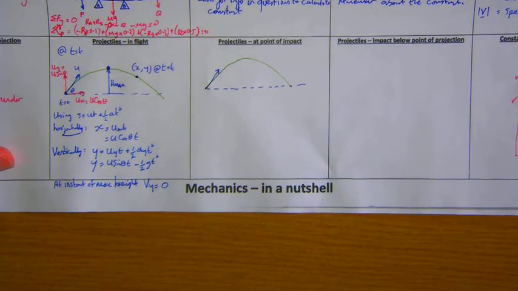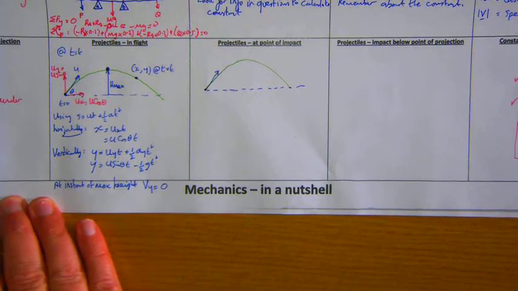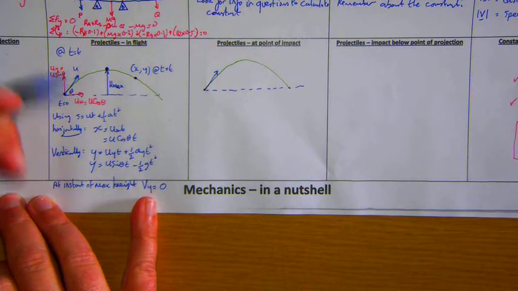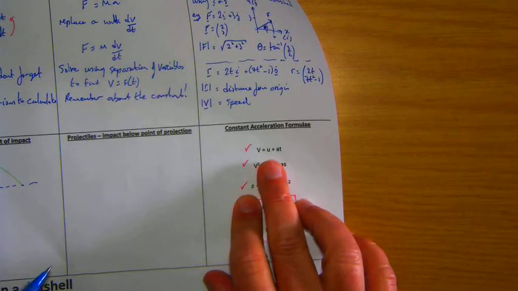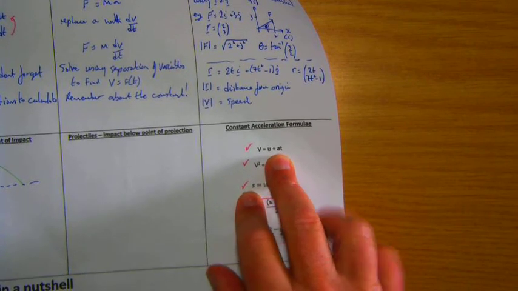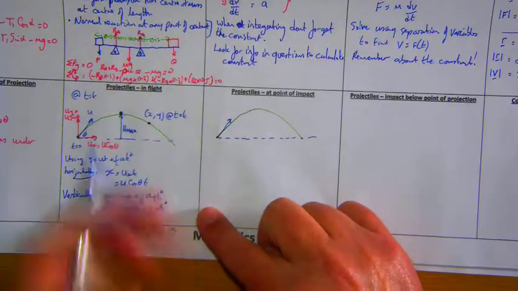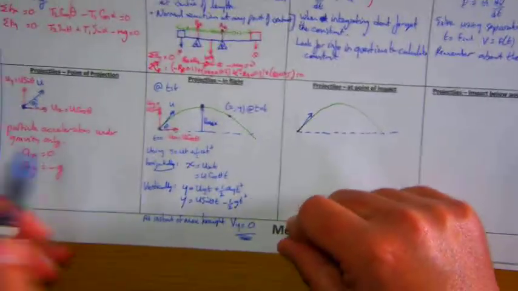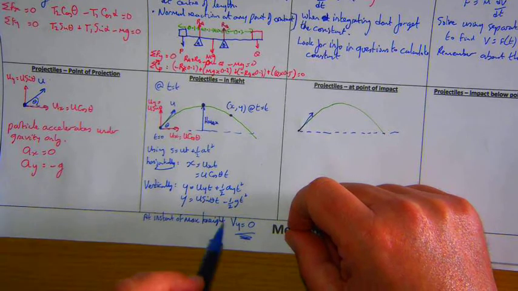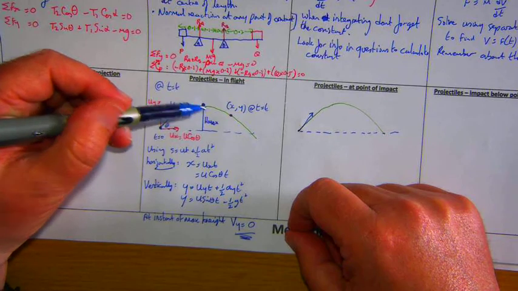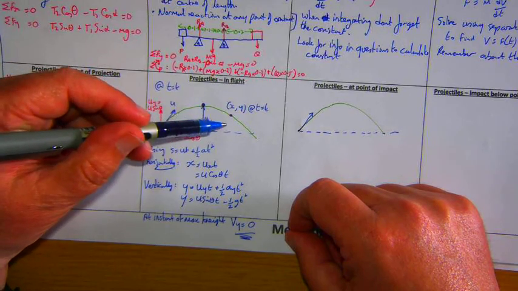So at that maximum height, Vy is 0. So you can then work out what time it reaches this maximum height using v equals u plus at. U is uy, a is minus g, v is 0. So you can work out the time at the maximum height and various things like that. So that's another key fact. So you've got ax is 0 always. At the maximum height, Vy equals 0. Once it's gone beyond that instant, it starts to fall again, so Vy becomes increasingly negative.